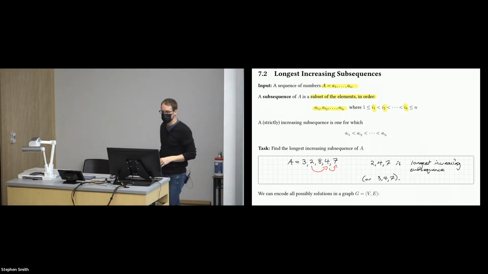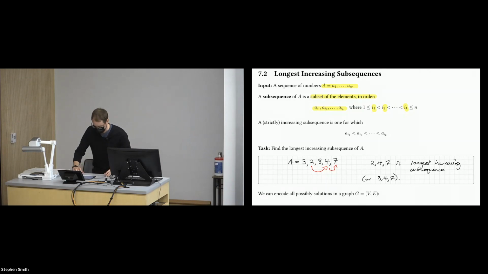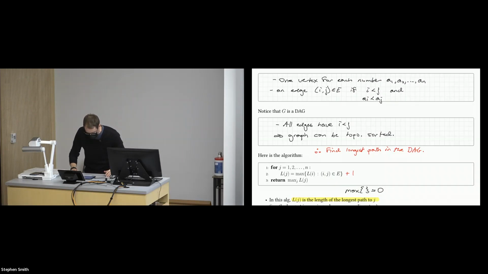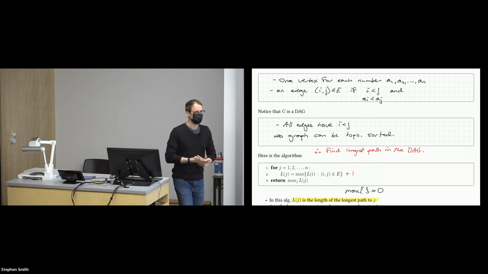And so we were posing a dynamic program to find the longest increasing subsequence. Our idea was pretty simple. It built on what we've been doing in finding paths in directed acyclic graphs.